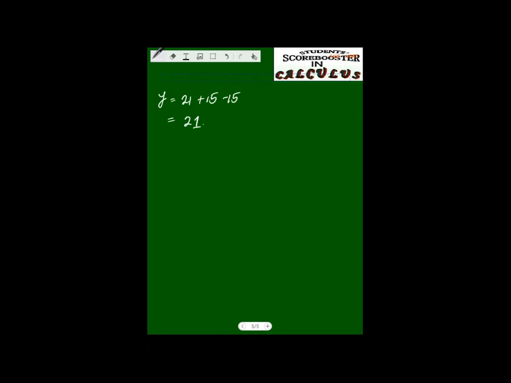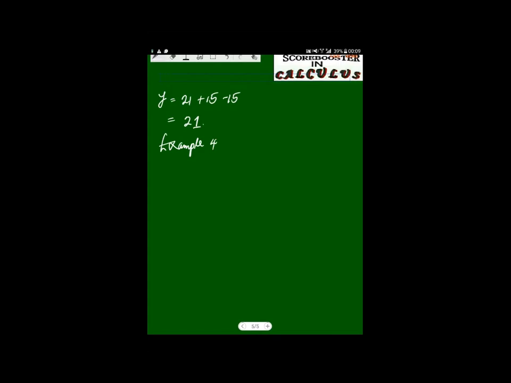So this is the final answer to example 2. Now let's take one or two more examples. Example 4.